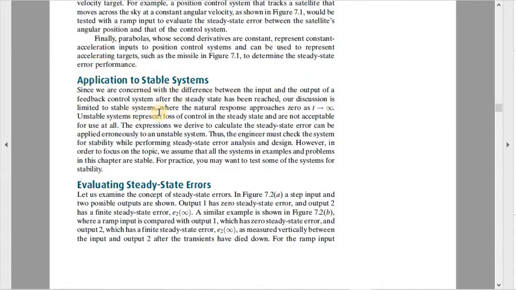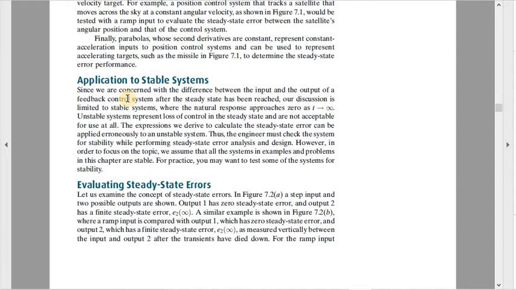So this is very important. Otherwise, unstable systems represent loss of control in steady state and are not acceptable for use at all. So be careful that the technique for calculating the steady state error only applies to a stable system. If your system is unstable, you are unable to apply this formula.